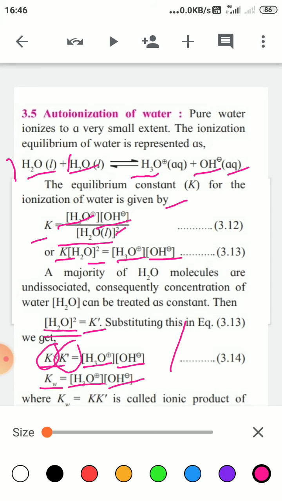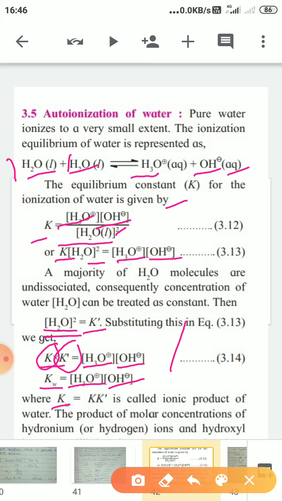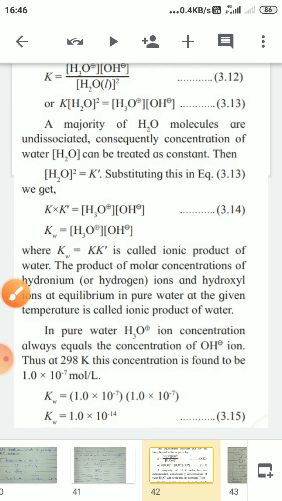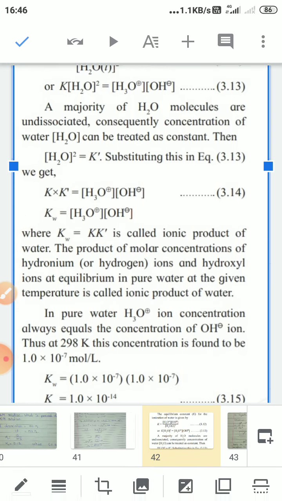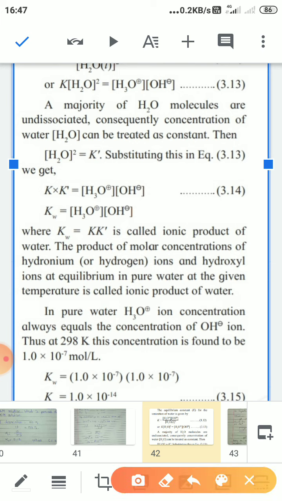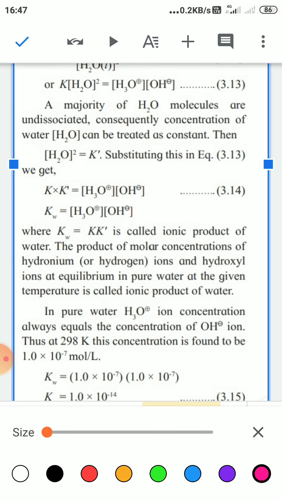Now here we have taken Kw as a constant for the product of K, that means equilibrium constant, and K dash, that means the constant for the concentration of water molecule, and the product of K and K dash is called as ionic product of water, and ionic product of water is denoted by Kw.